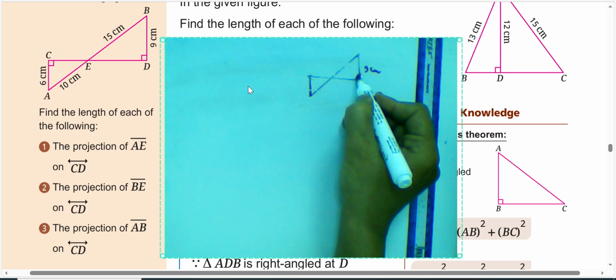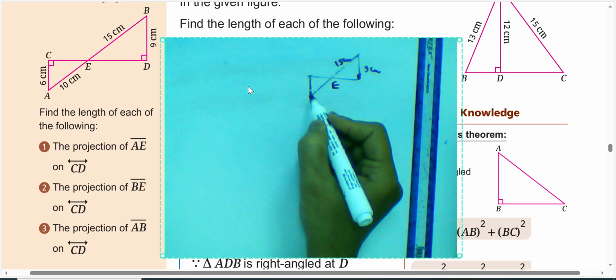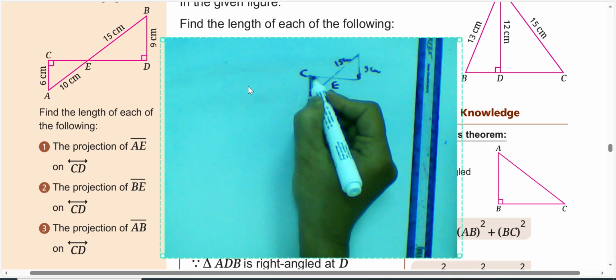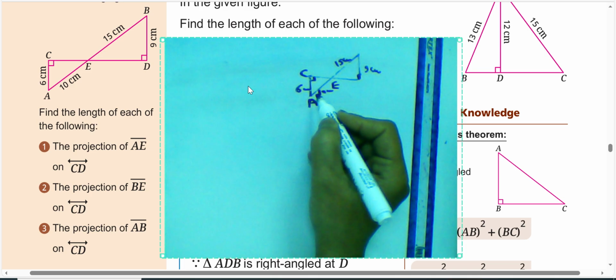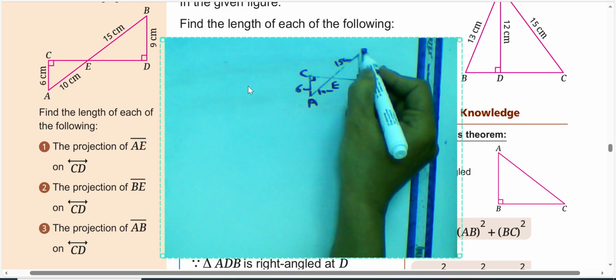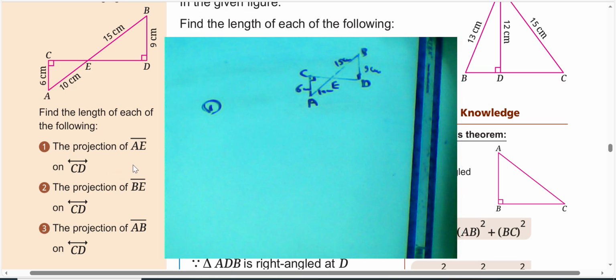Nine centimeters and here 15 centimeters. A and C. We have 6 centimeters and here 10 centimeters, and this line segment D we have B.